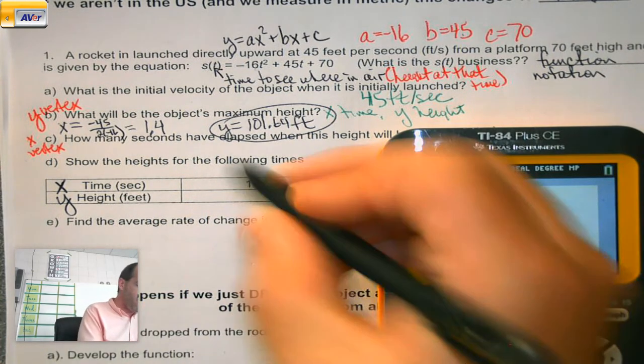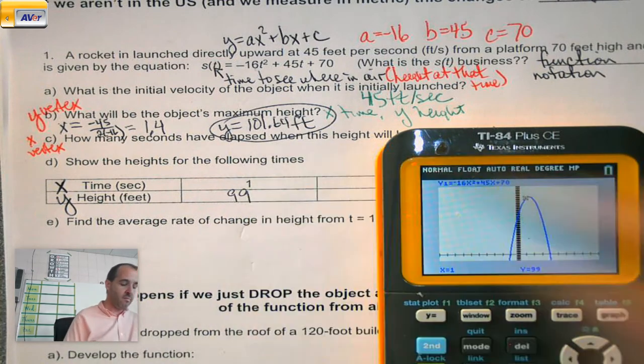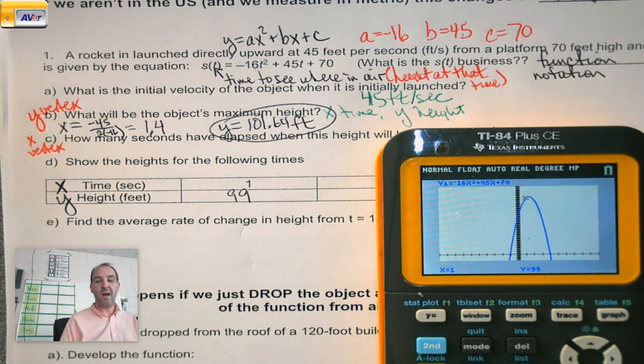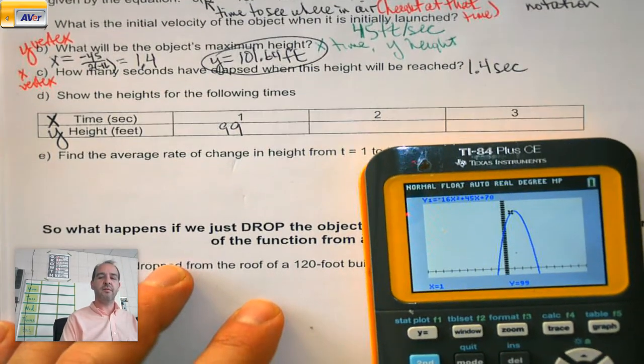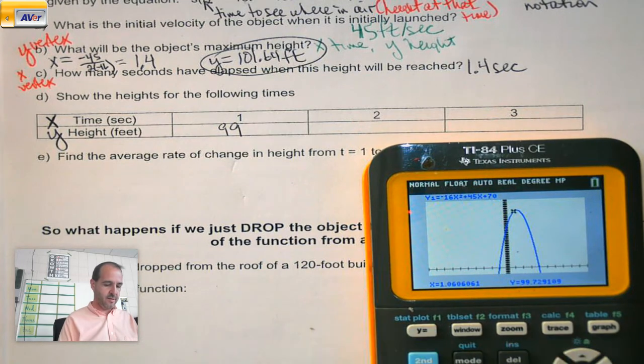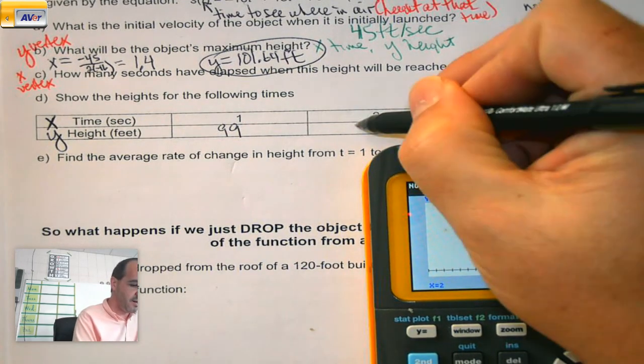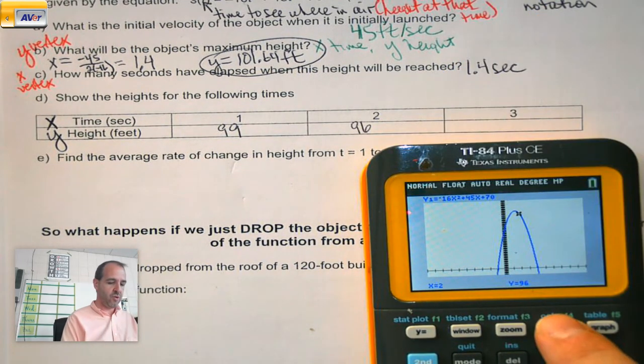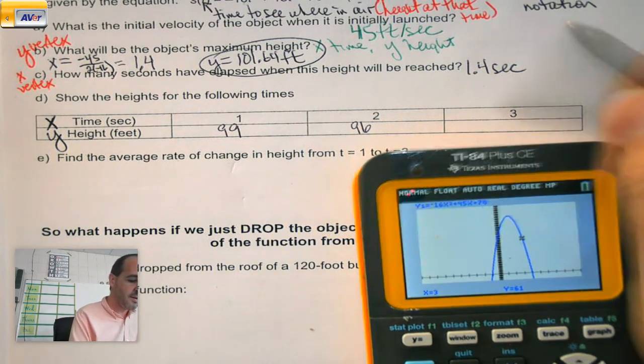That'll tell me the height. You want to make it even simpler? Well, I won't do that quite yet to you. We're gonna stick this out for a sec. So trace 2, 96. Trace 3, 61.